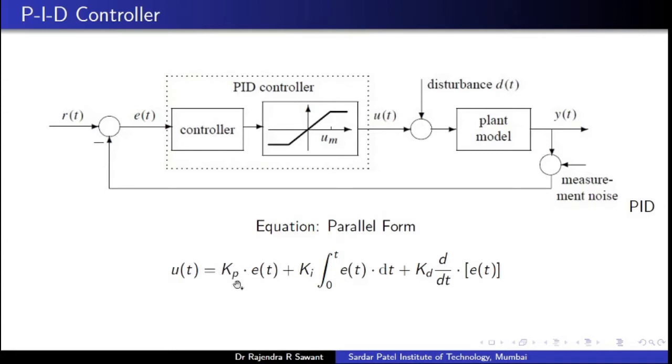They should be found from the typical methods which are being discussed now. Okay, and then can be substituted inside a control system to evaluate the performance of the control system. So essentially this controller is influencing the plant model so that we get a desired response at the output y(t).